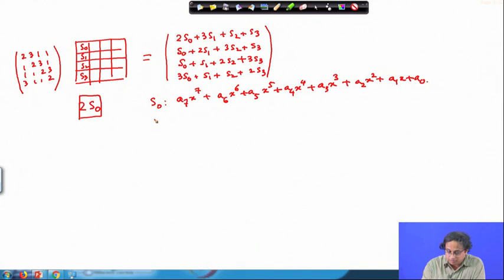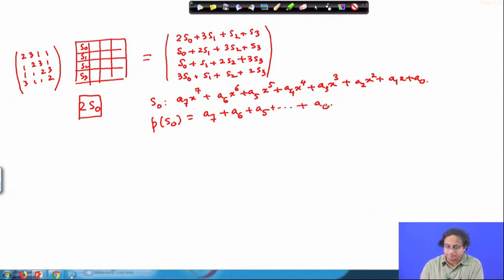And the parity of S0 is nothing but A7 plus A6 plus A5 and so on till A0, where all these pluses are XORs, GF(2) additions.